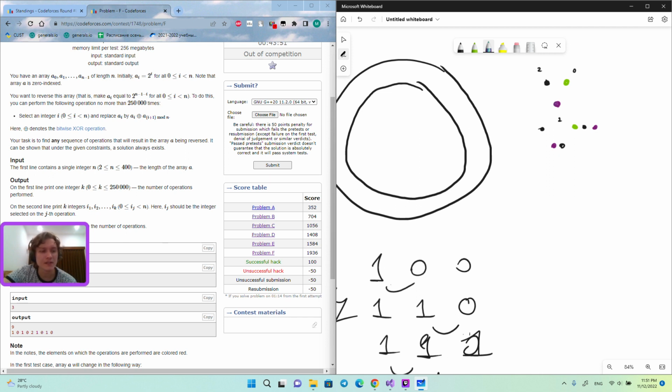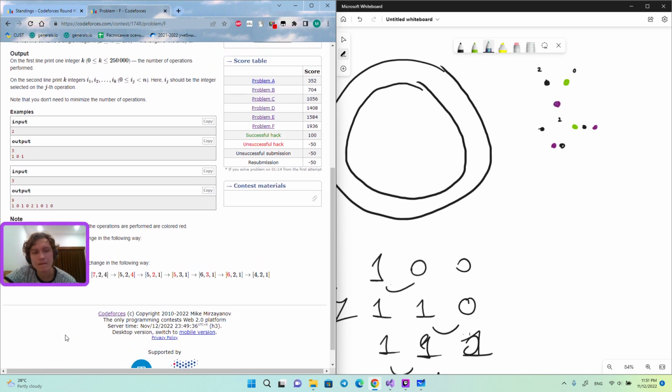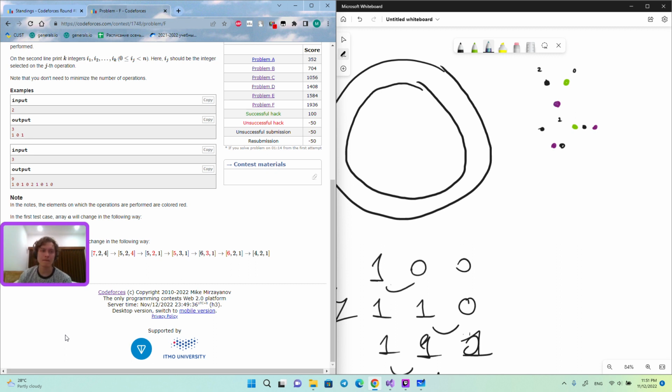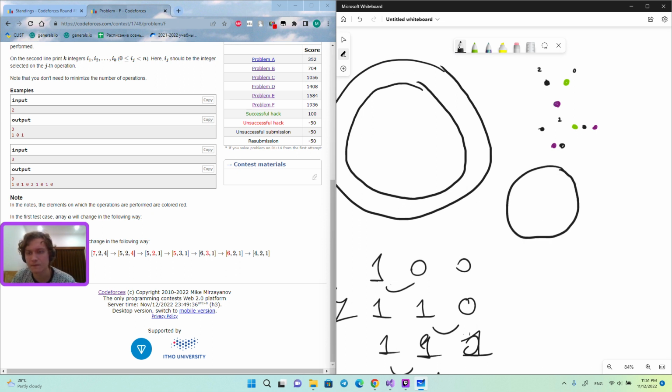Ah, this swaps two elements. So for 3 I need 9. I don't like this method. So I have 3 elements.